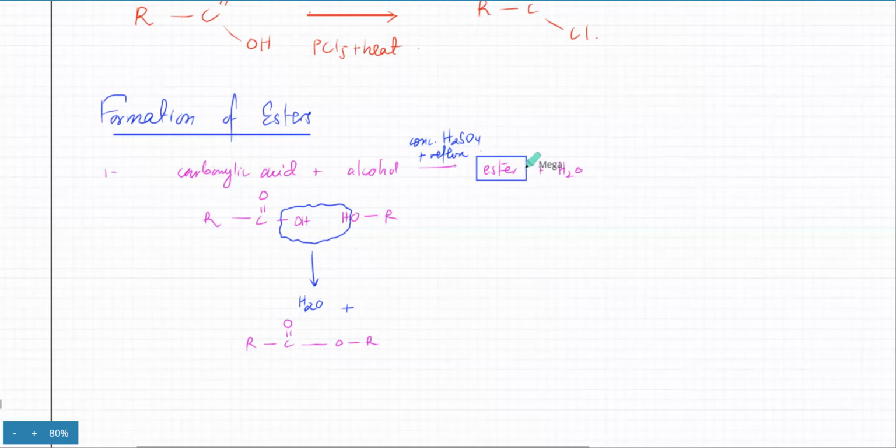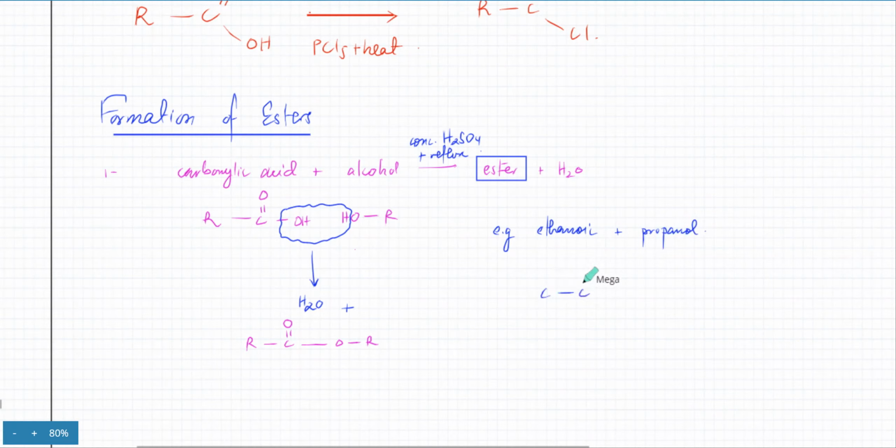This is an O levels reaction, and we need to learn how to name esters as well. So, for example, I have ethanoic acid reacting with propanol. So ethanoic acid plus propanol. How do you form the ester?